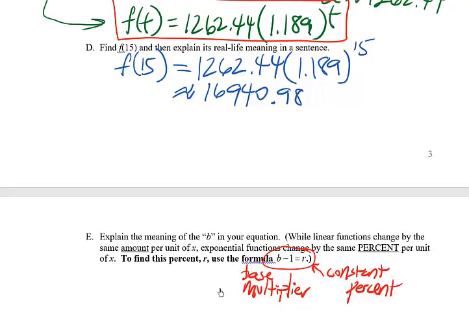So in my problem, I have the b value and I'm trying to find the r. I would just substitute in b: 1.189 minus 1 equals r. And I get, as a result of that, r is 0.189. Now that is r expressed as a decimal.